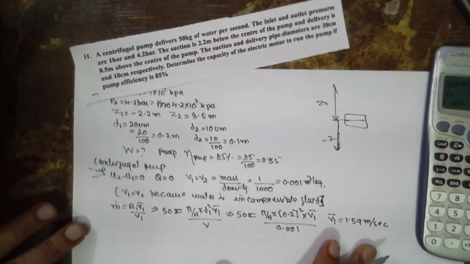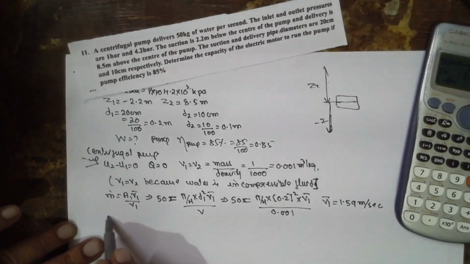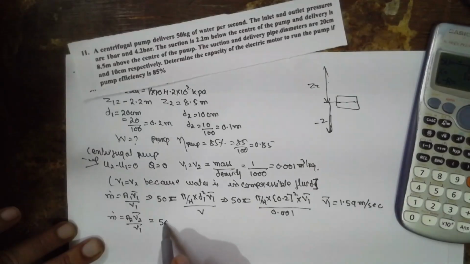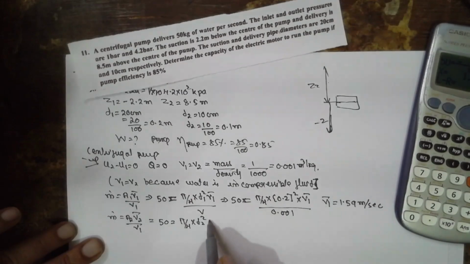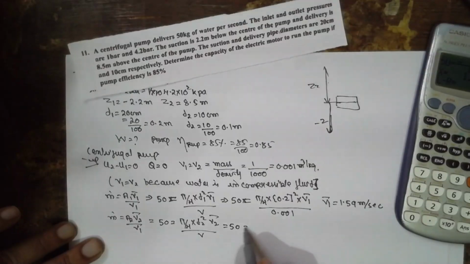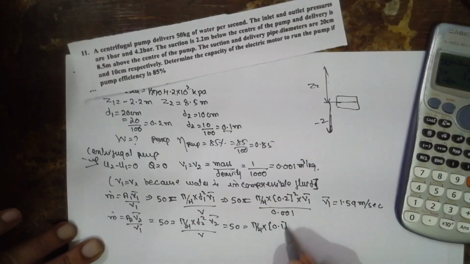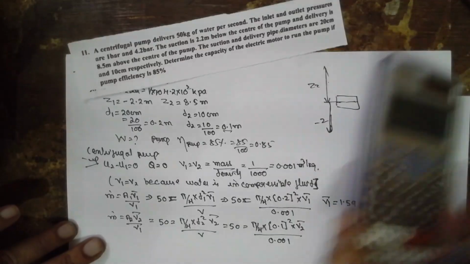Now we are finding V2. M dot is equal to A2 V2 bar divided by v1. 50 is equal to pi by 4 into D2 square V2 bar divided by v. 50 is equal to pi by 4, D2 value is given as 0.1 square, V2 bar we need to find out, divided by 0.001.